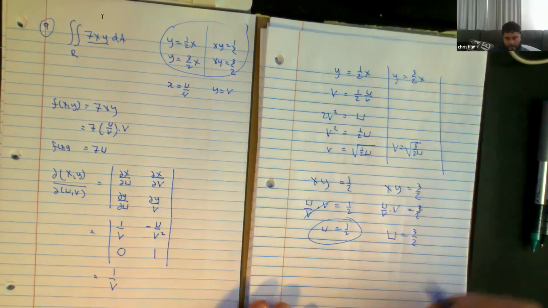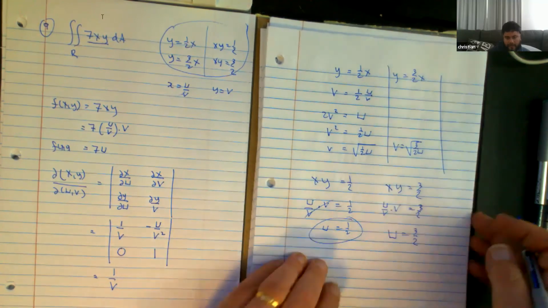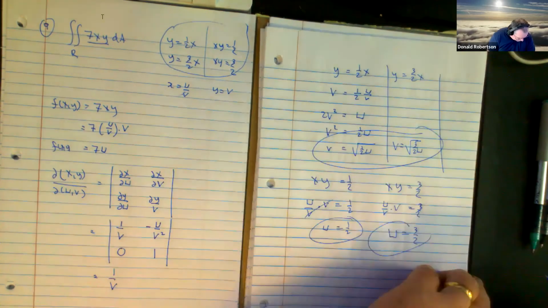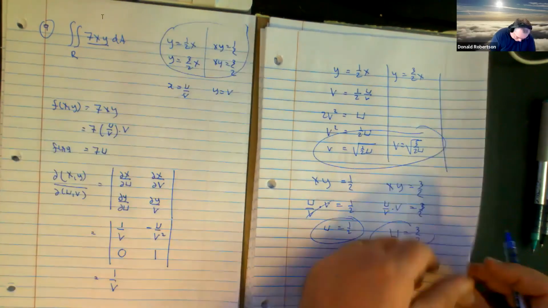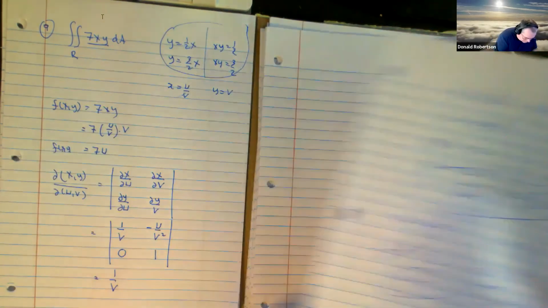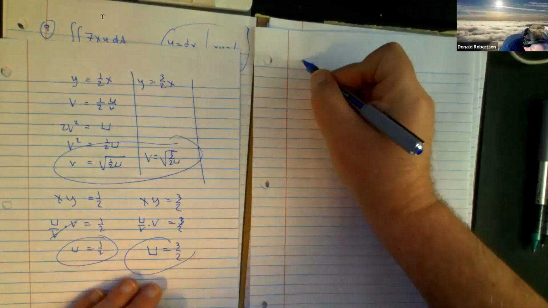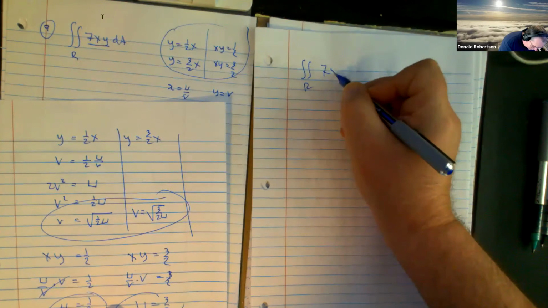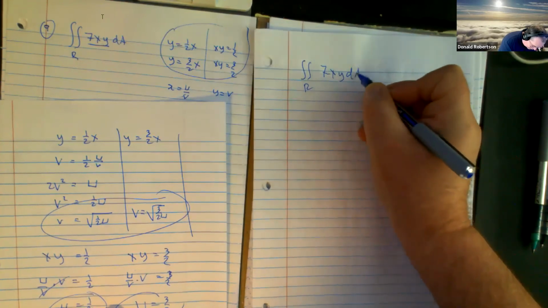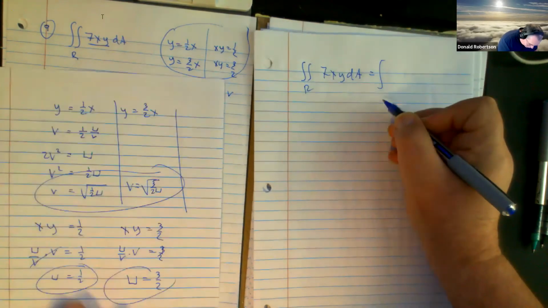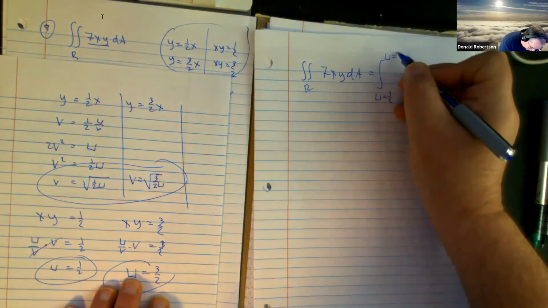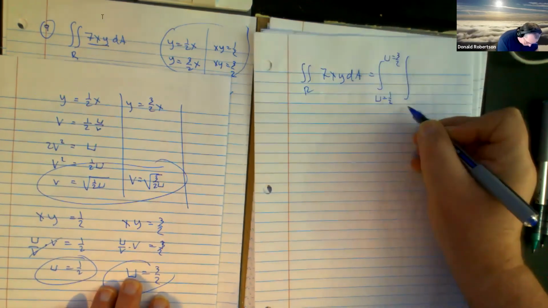Yes. So we should be setting up an integral using those boundaries and with all the other pieces that come with it. So let's see what they've got. The double integral of this guy is going to become the integral from u equals 1/2 to u equals 3/2.